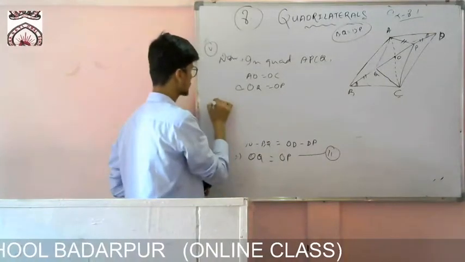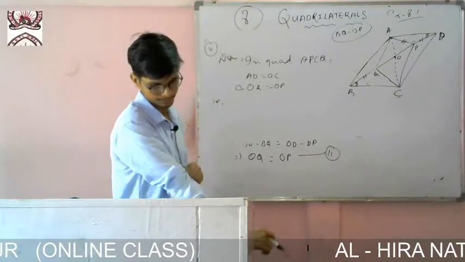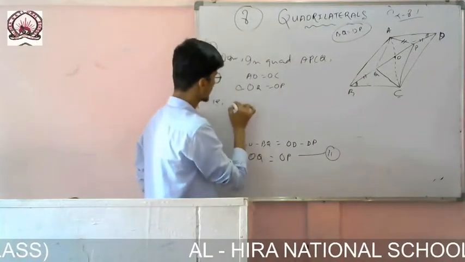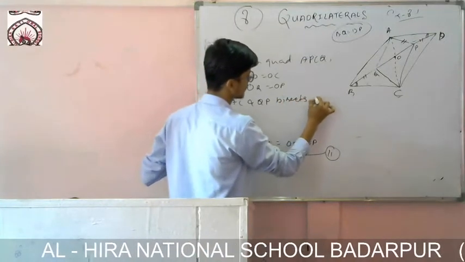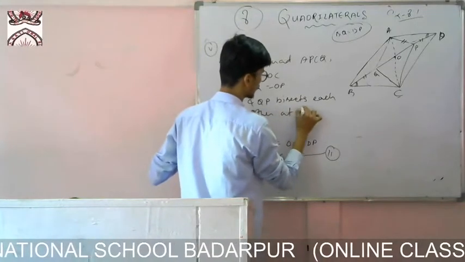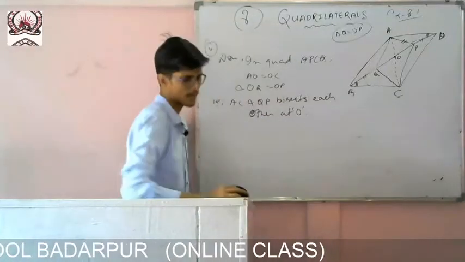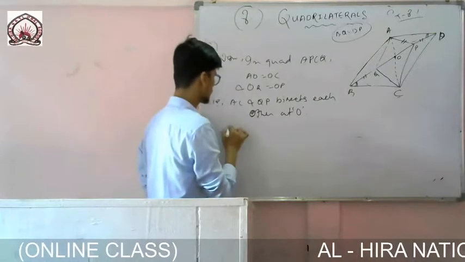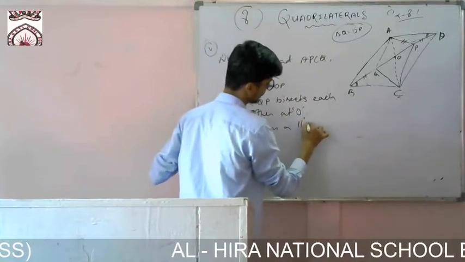So I can write that AC and QP bisect each other at O. So if they bisect each other at O, I can write that APCQ is a parallelogram. We know this theorem, APCQ is a parallelogram.